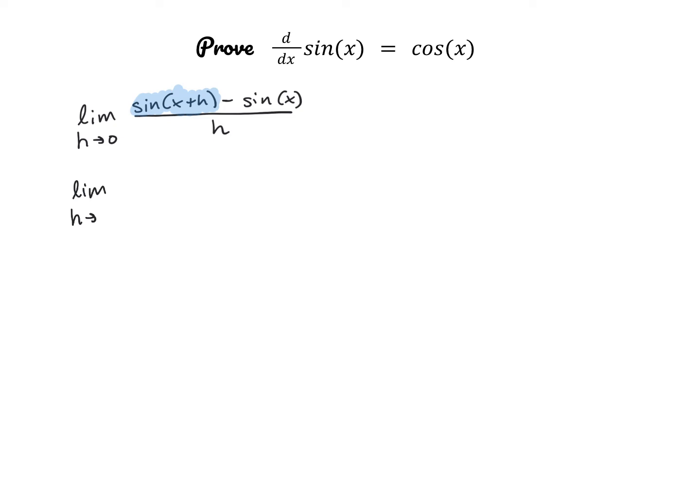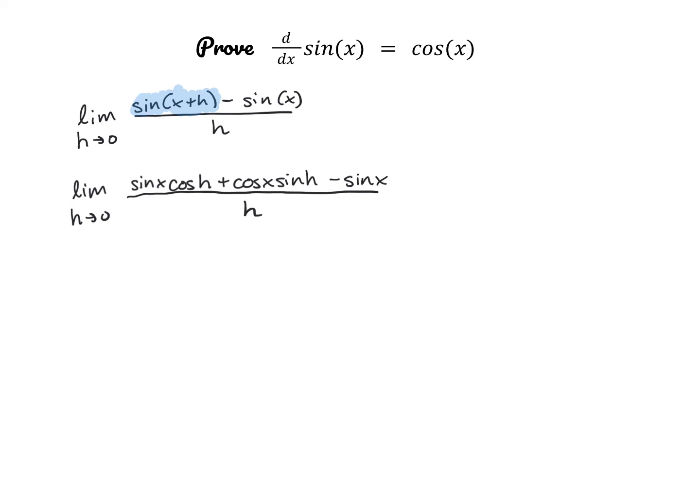So the limit as h approaches 0. And remember, for this one, it's sine, cosine, cosine, sine. And if this is a sum, this is a sum. Then we have minus the sine of x all over h.